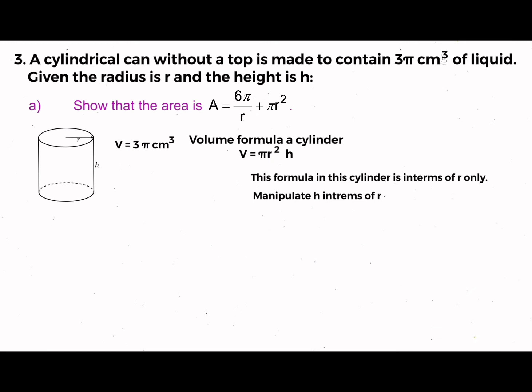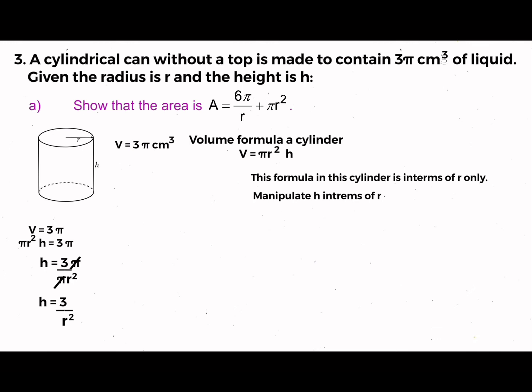Write the volume equal to 3 pi and replace V into the formula, pi r square h equals 3 pi. So h can be defined as 3 pi over pi r square. Pi divided by pi we can cut, and h equals 3 over r square.